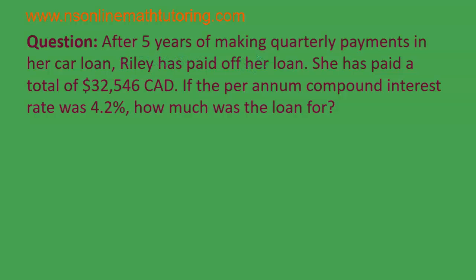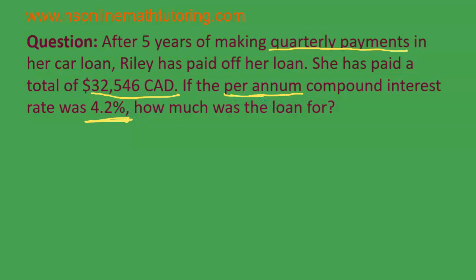After 5 years of making quarterly payments on her car loan, Riley has paid off her loan. She has paid a total of 32,546 Canadian dollars. If the per annum compound interest rate was 4.2%, the same rate per annum.